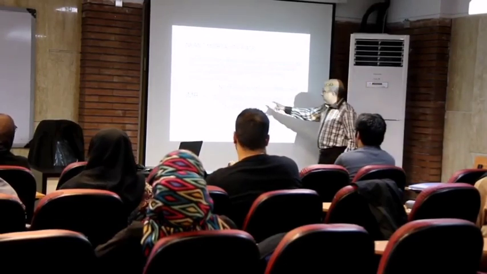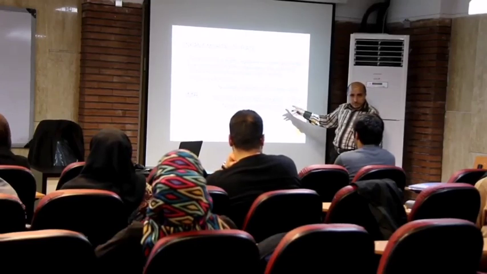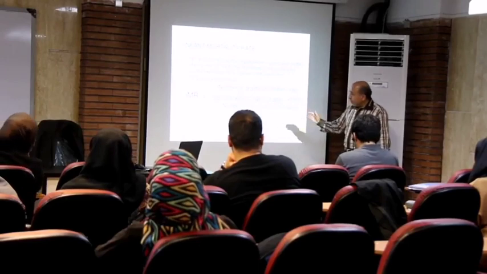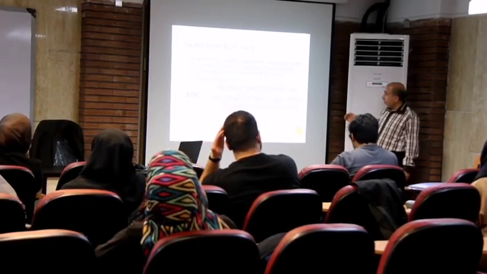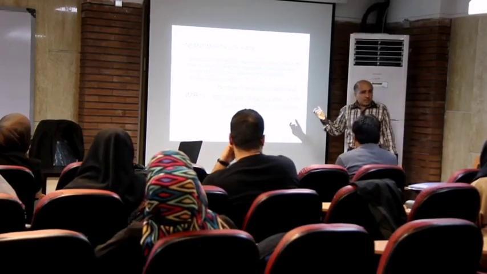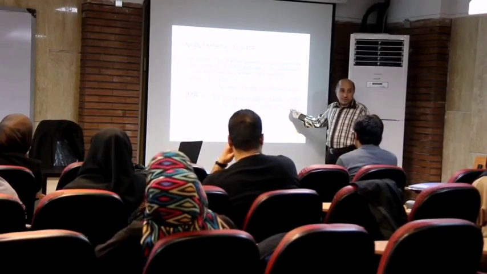So, the number of deaths of children less than 1 year of age in a year is our numerator, and for the denominator we have the number of live births in the same year. And mostly our coefficient is 1,000.